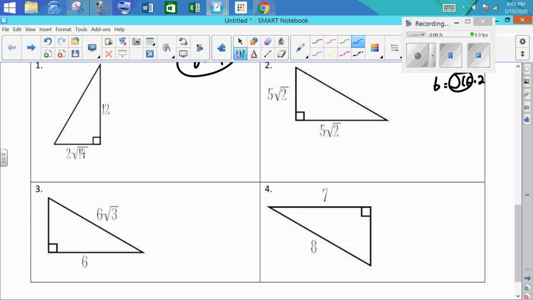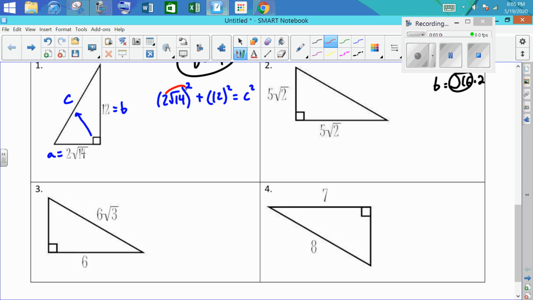Again, before doing our Pythagorean theorem setup, we're going to acknowledge the sides that we have. So A, B, C. The hypotenuse is always opposite, or across from, the right angle. So here, in parentheses, A, the quantity 2 root 14, squared, plus B squared equals C squared.